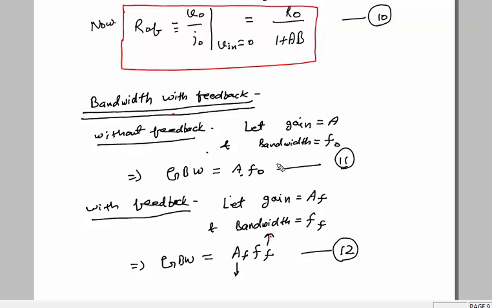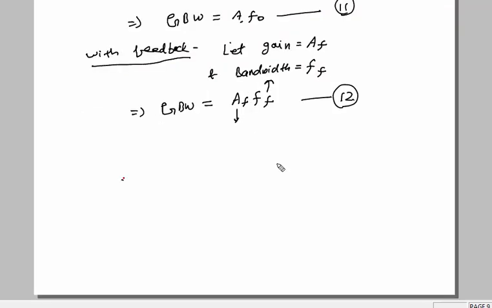So the gain bandwidth product will always be constant. It means both GBW in equation 11 and equation 12 will be the same. So we can write A F naught equals AF times FF. So what is FF? FF will be A F naught by AF.